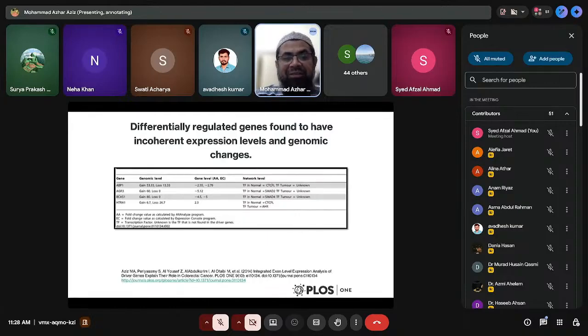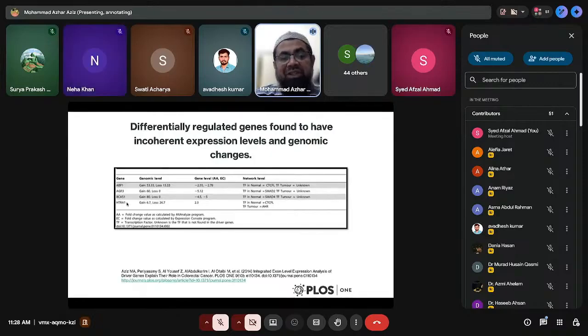But if you see at the gene expression level, it was downregulated. So at the DNA level, the copy number was more, but at the RNA level, it was down. So it was a complete paradox. So we suggested that there would be some involvement of the transcription factors that is showing this phenomenon. And if you read the paper, you'll be able to get the full picture of it.